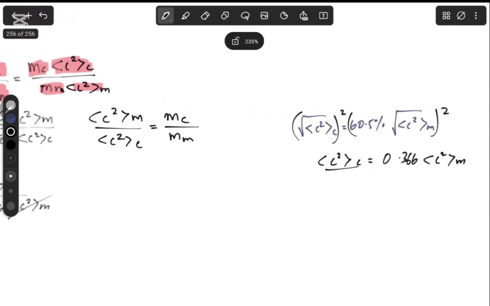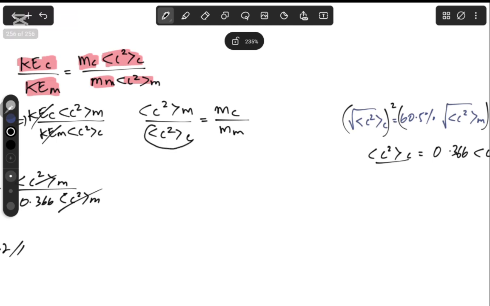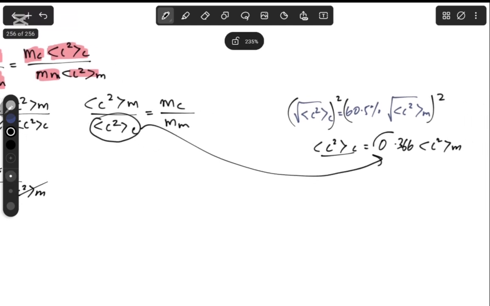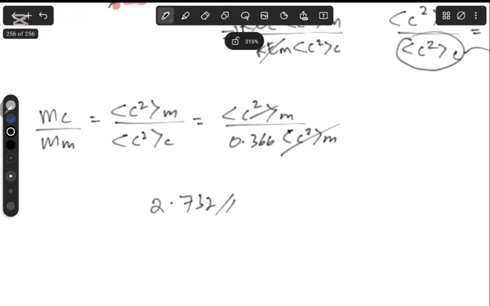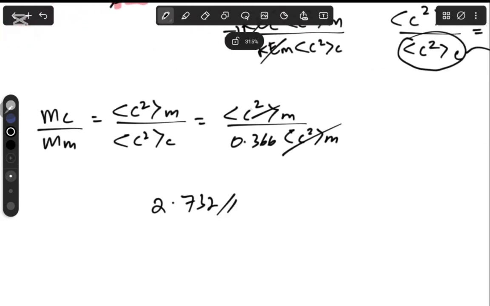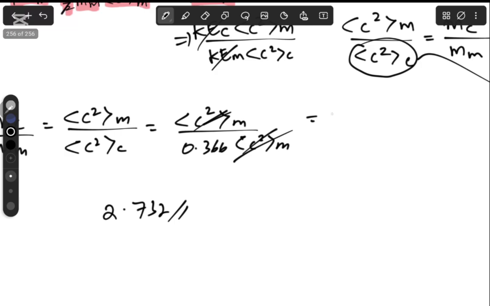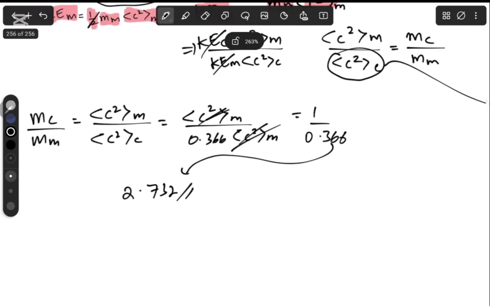And then using this, instead of writing this, I can substitute this. Okay, I can substitute this, and when I substitute that into the equation, I can see that my methane mean square velocity gets cancelled out, and I get 1 over 0.366, which gives me the answer as 2.732.